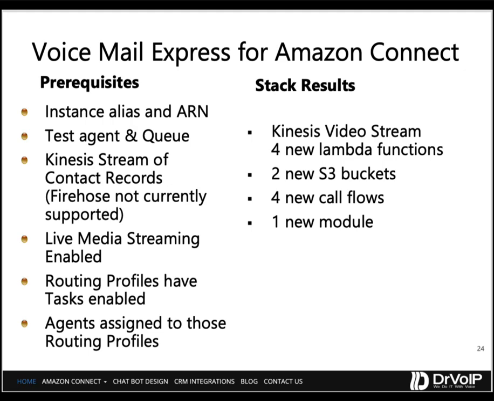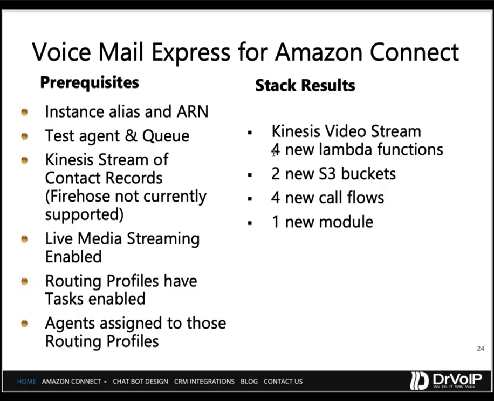Prerequisites, I think we've already discussed this. Some of the additional items to check are to make sure you have live media streaming enabled. We've discussed that in previous video tutorials. What's going to happen is the stack is going to generate a video stream.